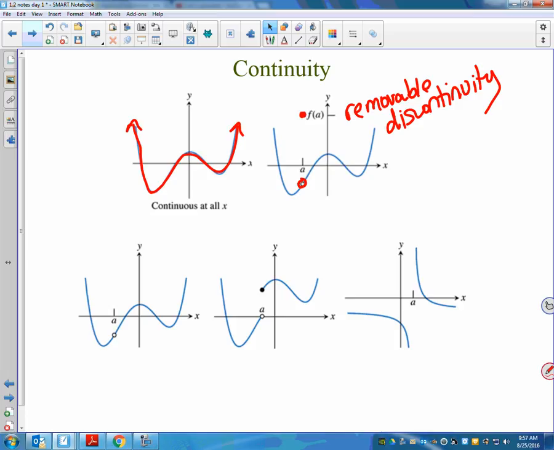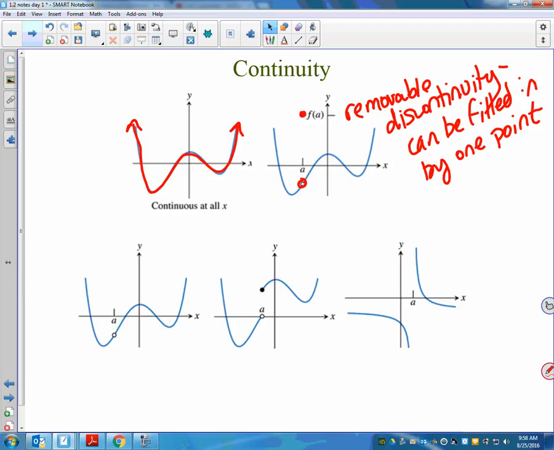You don't have this magic button on yours, but if I took this little dot and moved it up here, it would fill it in, and then it becomes continuous. And so that's what it means by being removable. So I'm going to just write here, can be filled in by 1 point.